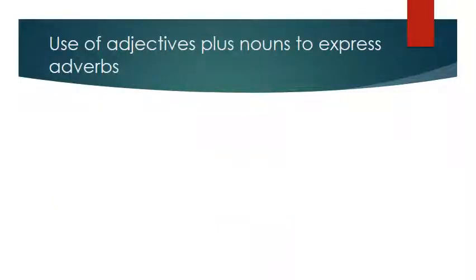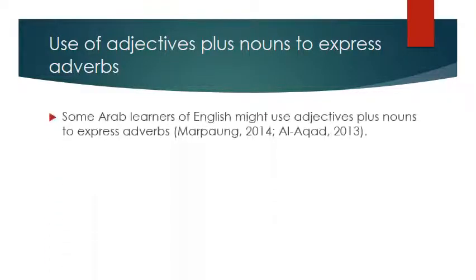Let's have a look at another point that is also related to the use of adjectives and adverbs. Some Arab learners of English might use adjectives plus nouns to express adverbs. Instead of using an adverb, they use an adjective plus noun.